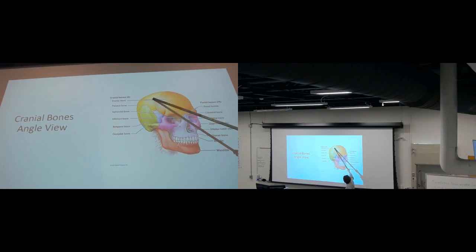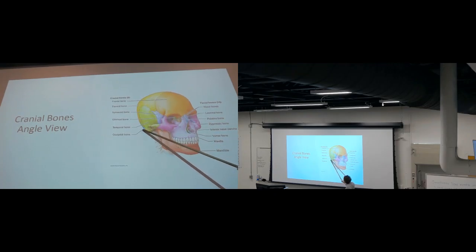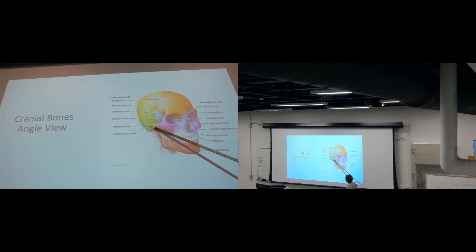And then here we have the parietal. This is the right parietal bone. And then below the parietal, but anterior to the occipital, of which you can only see a portion here, we have the temporal bone. And then between the temporal bone, the parietal bone, and the frontal bone, we have the sphenoid, as seen laterally.